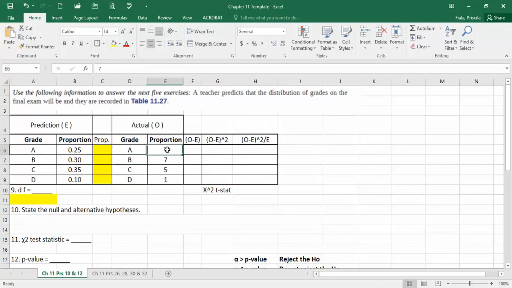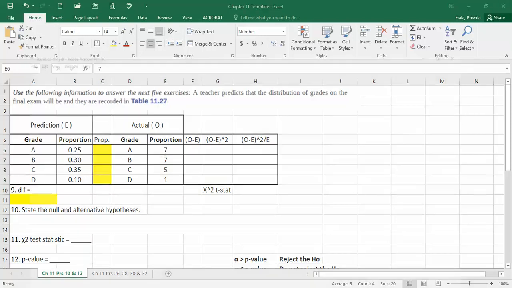If you notice, this one is showing you percentages, and here it is showing you how many students got each grade.